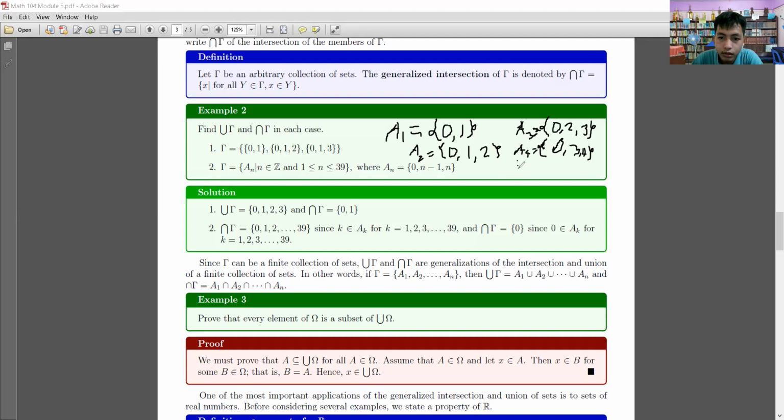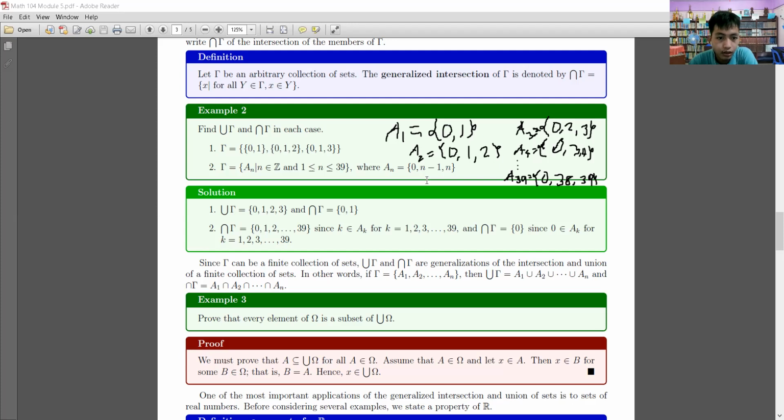So si A sub 39 will be {0, 38, 39}. Okay. So yan yung laman ng mga sets natin. Okay? So yan yung itsura ng mga A sub n natin.